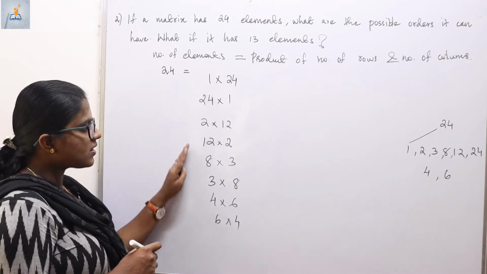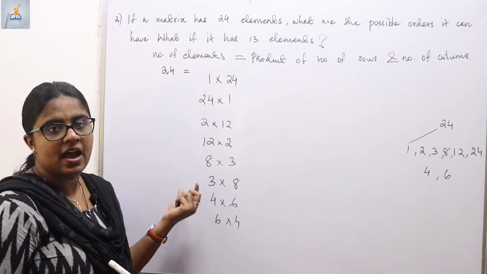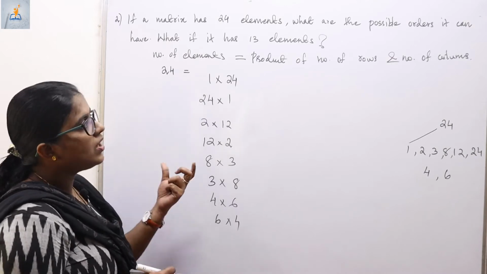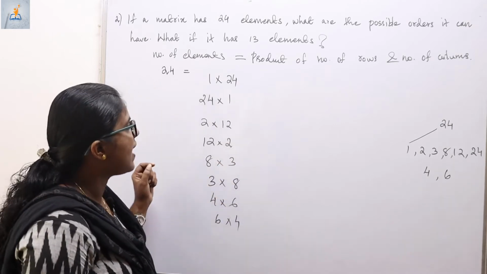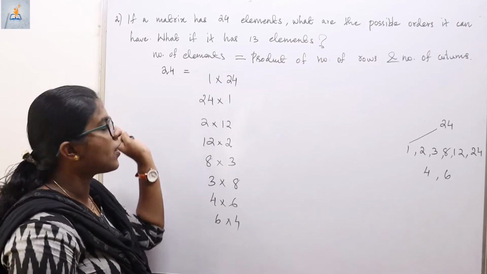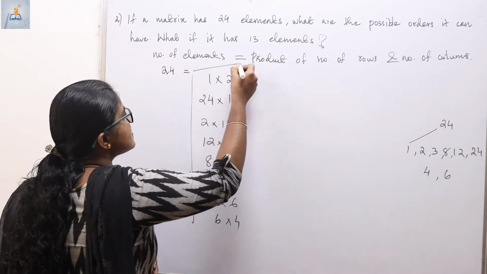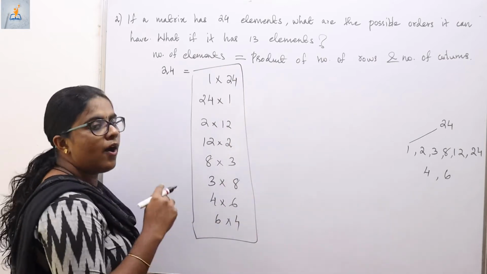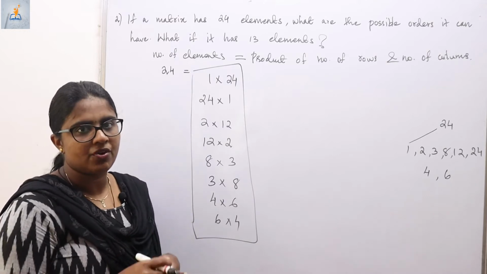So these are the possible pairs which give the product as 24. We know that the product of number of rows and number of columns will be the number of elements, and we got these pairs of numbers whose product is 24. So always remember that these are the possible orders for a matrix which is going to have 24 elements.